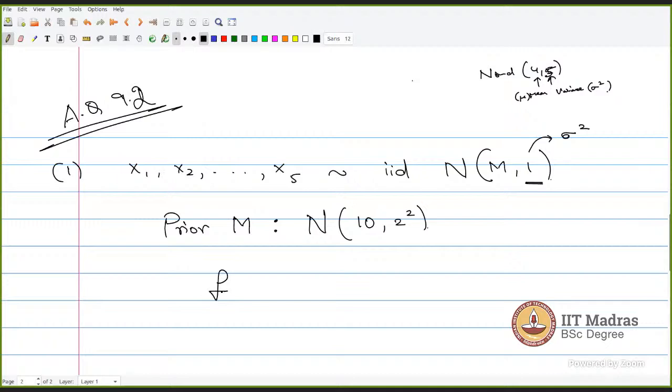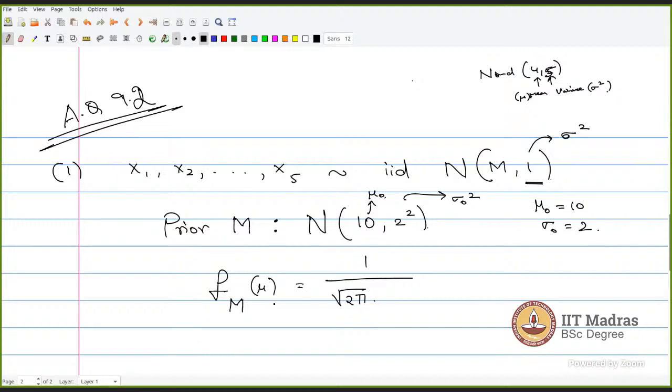So let's write the PDF of m. The PDF is 1 by root 2 pi sigma naught, where sigma naught square is the variance and mu naught is the mean. Mu naught is 10 and sigma naught is 2.